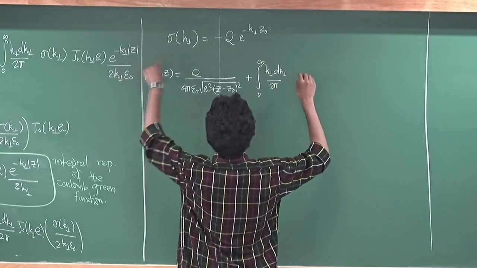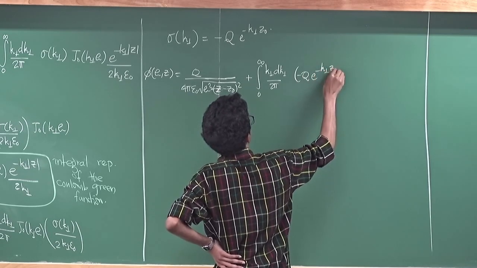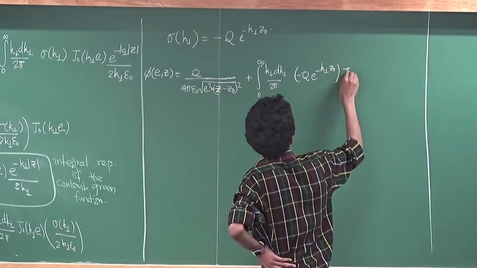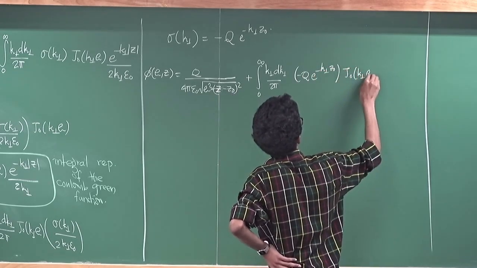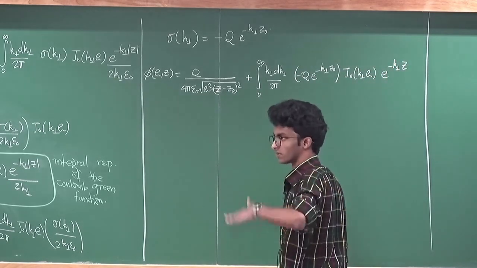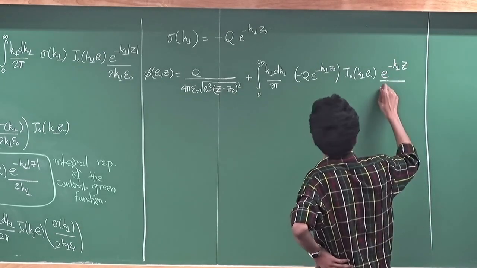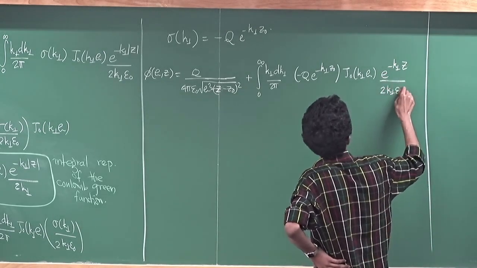Sigma of k perpendicular, which I just found, is minus q e to the minus k perpendicular z naught, times J naught k perpendicular rho e to the minus k perpendicular mod z, but mod z is just z because we are solving for z greater than 0, above the plane, over 2k perpendicular epsilon naught.